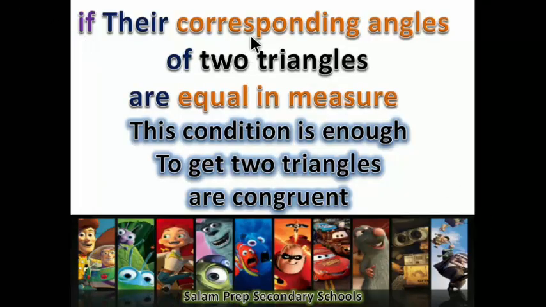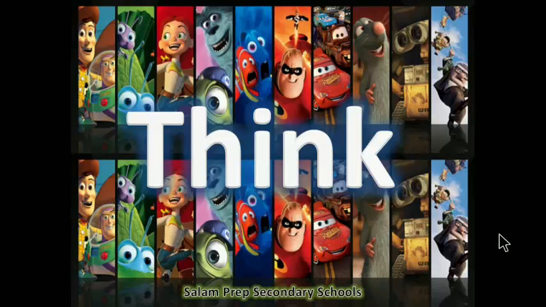If the corresponding angles of two triangles are equal in measure, is this condition enough to get two congruent triangles? Think.